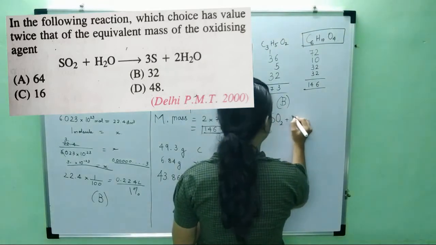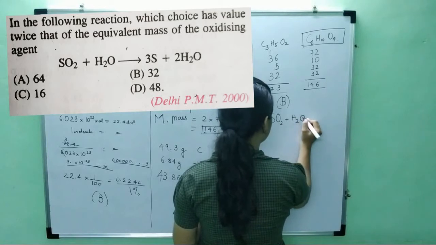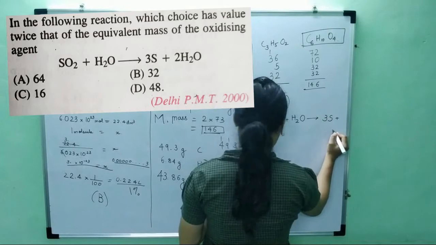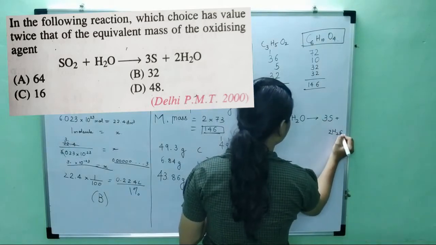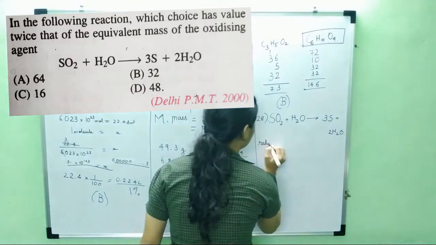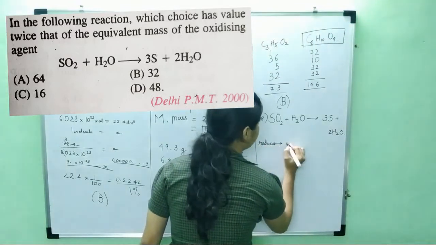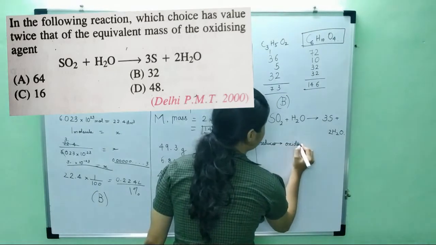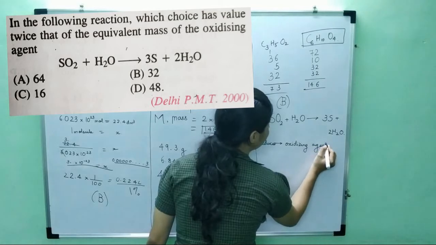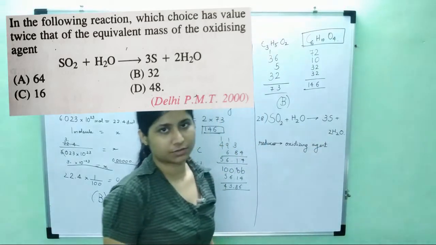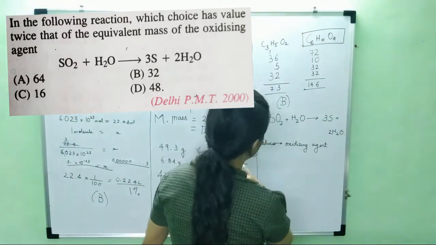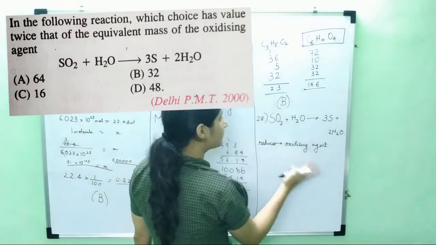Oxidizing agent is the one which itself reduces, and helps others oxidize. The agent is doing the work of agency, like a middleman. If some other species has to get oxidized, then this species will get reduced.